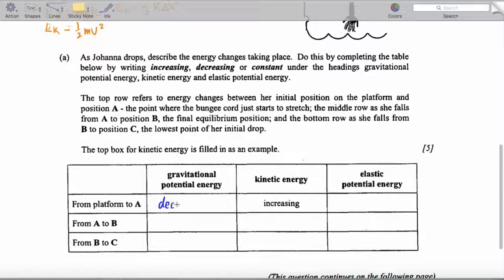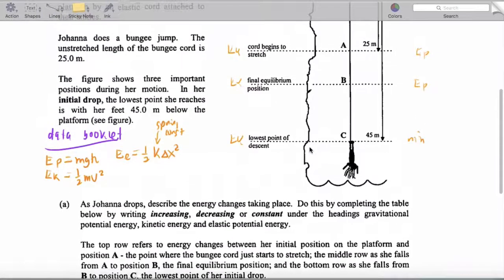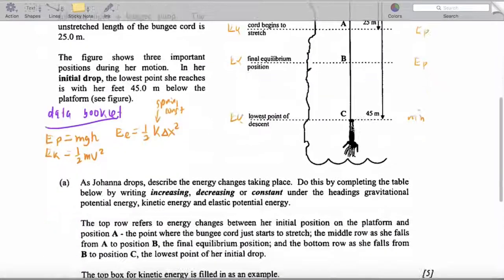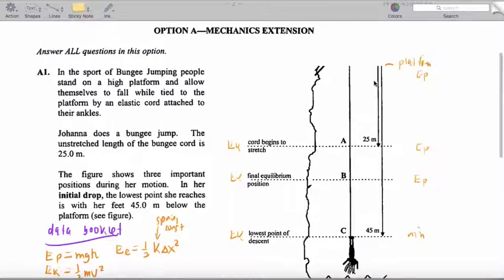So here we are decreasing. We're decreasing all the way down, so here, here, and here. All decreasing. Now, from the platform to A, clearly our kinetic energy is increasing, because we're falling and we're gaining speed.